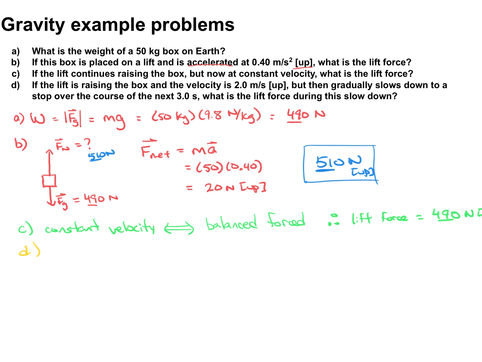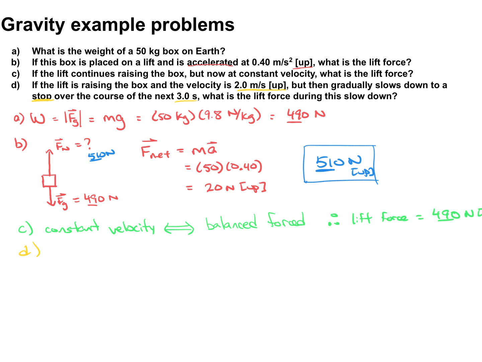They're telling you an initial velocity of 2 meters per second up. They're telling you an elapsed time of 3 seconds. And they're telling you a final velocity, actually, because it comes down to a stop. So you should have some alarm bells going off that this is related all the way back to uniform acceleration formulas.